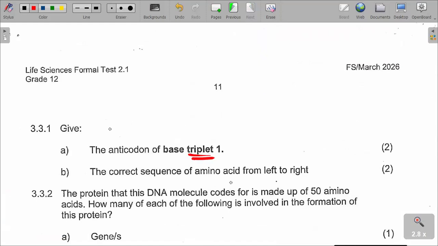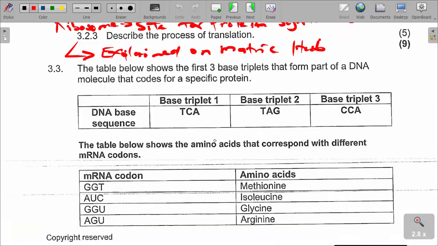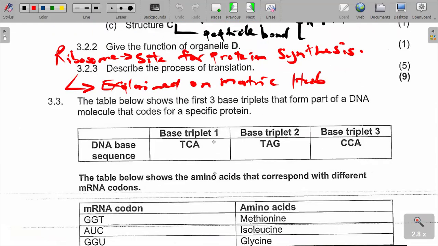The anticodon of base triplet 1, that is the one that is given here. This is the base triplet, the DNA base sequence.